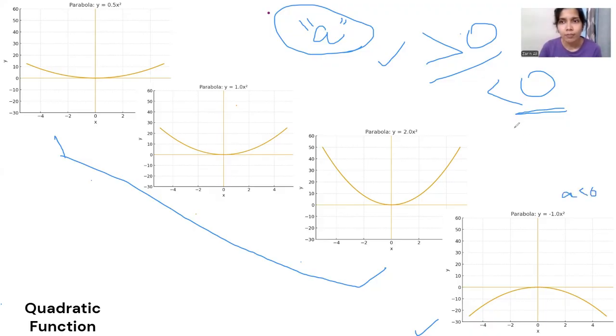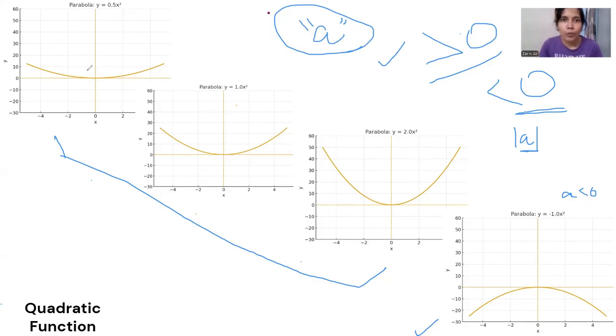There is another thing, which is mod A, the magnitude or absolute value of A. If it's very small, like 0.5, you're going to have a very flat kind of valley, or should I say a wider valley. It's not exactly flat, but wider.